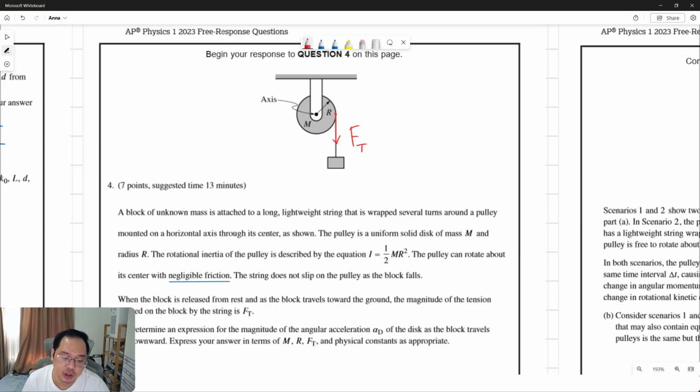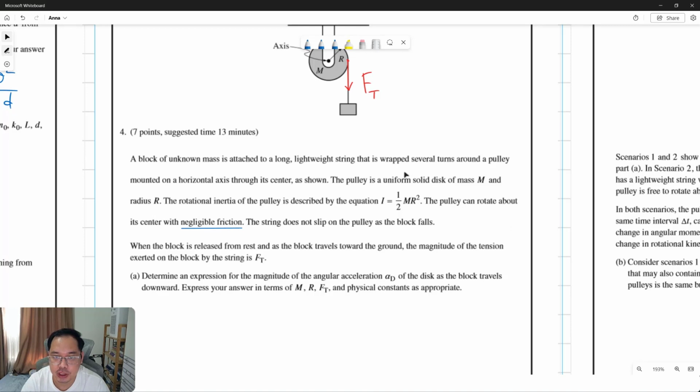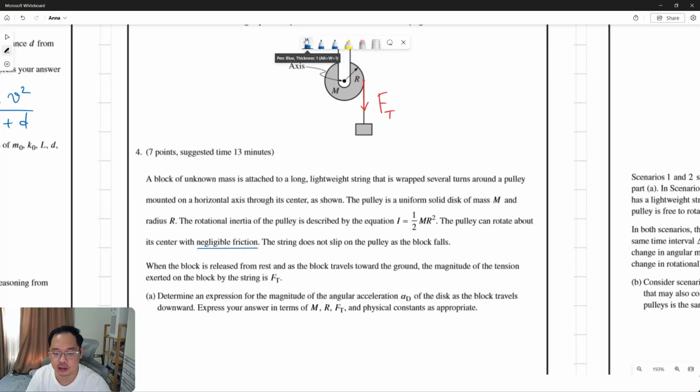Determine an expression for the magnitude of the angular acceleration alpha of the disk as the block travels downward. Express your answer in terms of m or Ft and physical constants as appropriate. You can check the formula sheet again to get the equation for the angular acceleration.